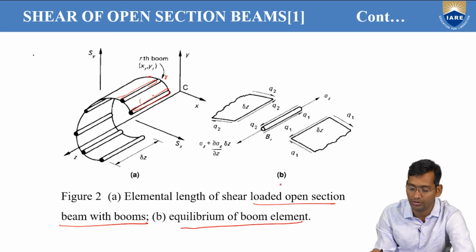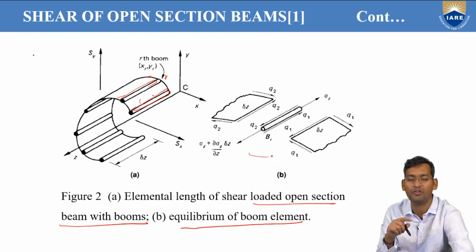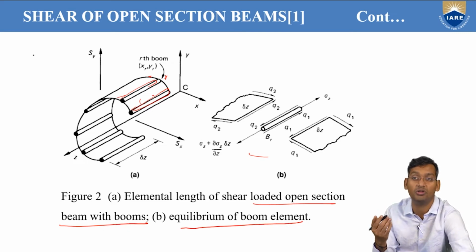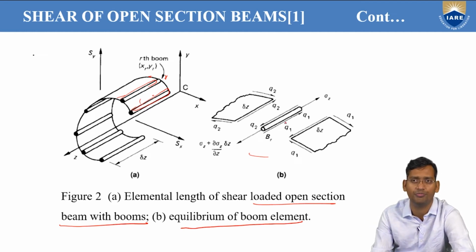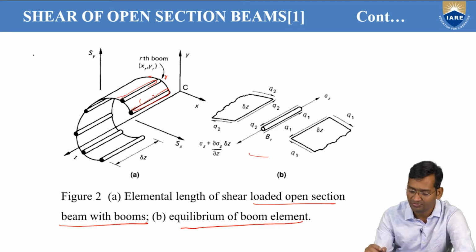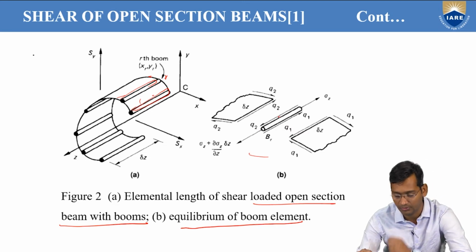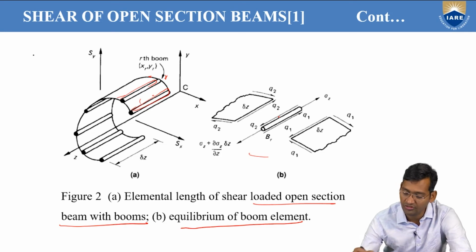Now for equilibrium of the boom element, the same way as we saw first, to idealize that one, then we found sigma 1, b1 and b2. Same here, we have to find b1, because we are considering only one boom, the rth boom, so that is br for the first boom, b1. So now in that, we have to see how these forces will be acting. So q2 is acting like this and q1 is acting in this direction.